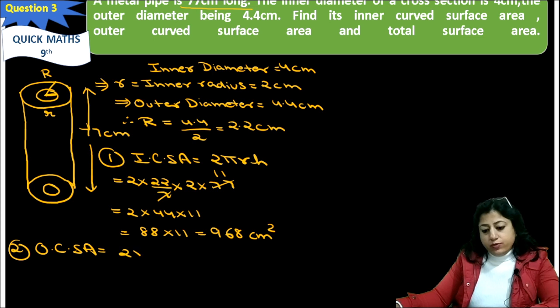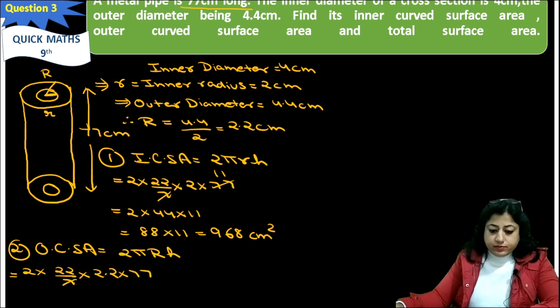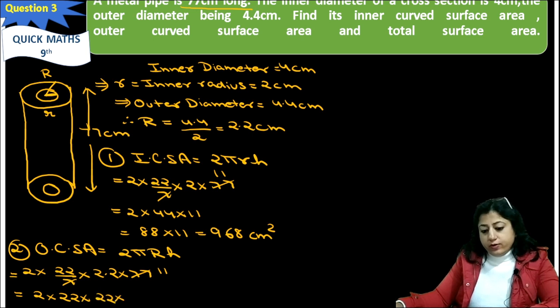Now similarly, the second part is outer curved surface area. Same formula, 2 pi, but the radius is capital R here. So it will be 2 into 22 by 7, the radius will be 2.2, into 77. So 7 into 11, so here 2 multiply 22 into 22 into 11 by 10.